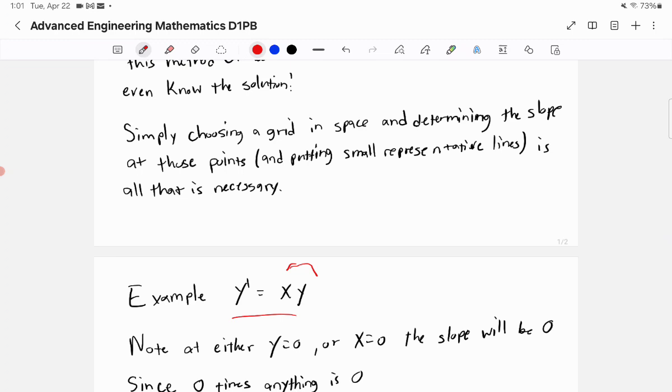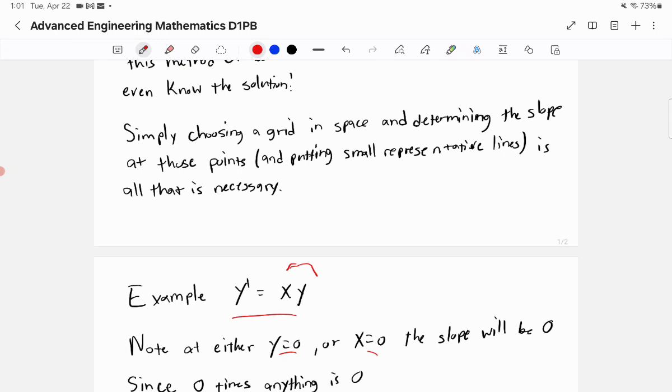So you can imagine, for instance, that if either y or x is equal to 0, then the slope has to be 0, right? Because 0 times any number is 0.